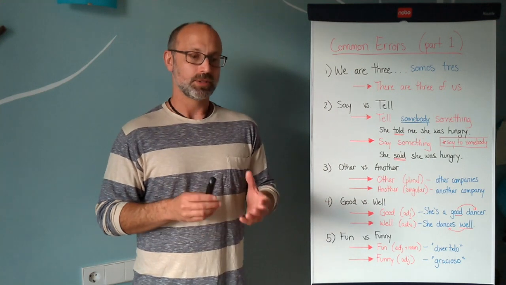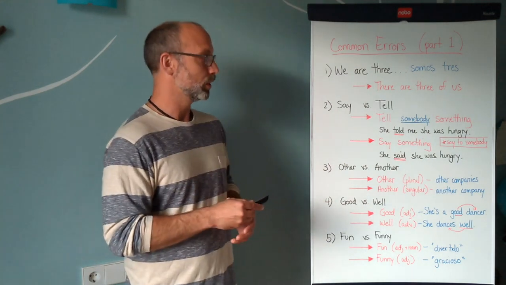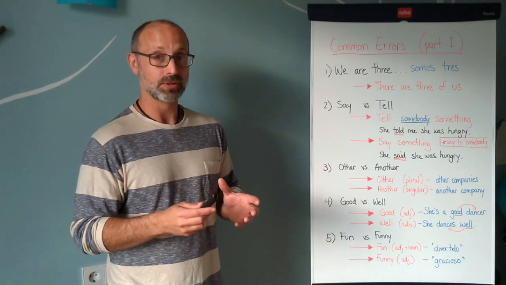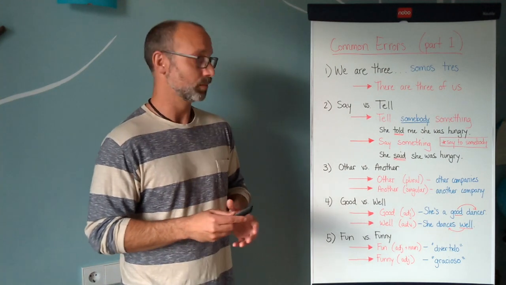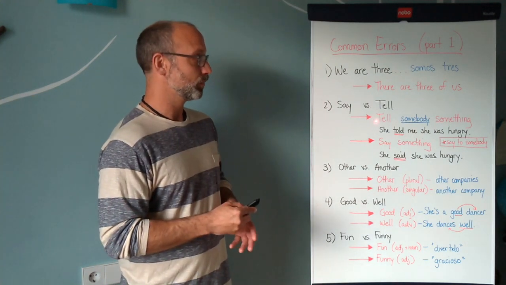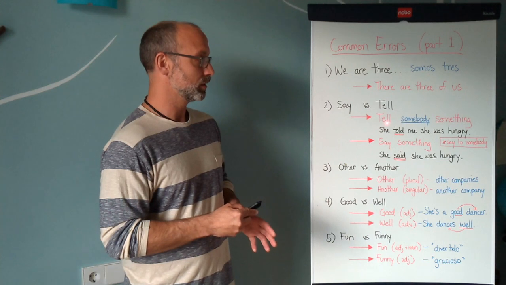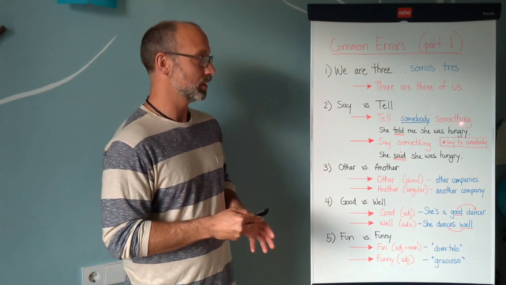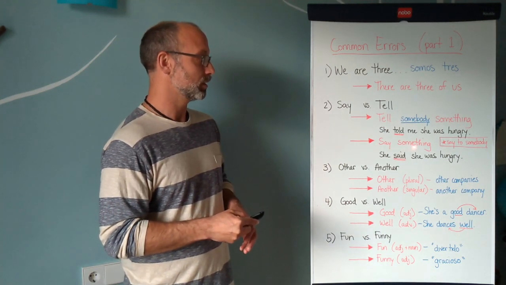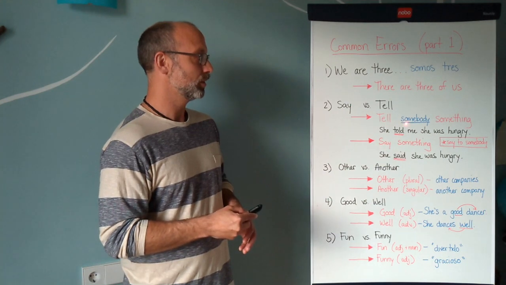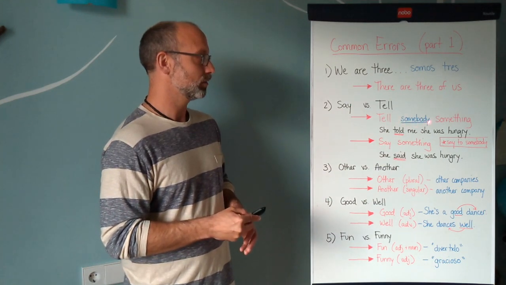Essentially, when we're using the 2, there's a major difference between them. If you look at the structures we have here, tell somebody something, and say something, you can see very clearly that the difference between the 2 is this somebody.